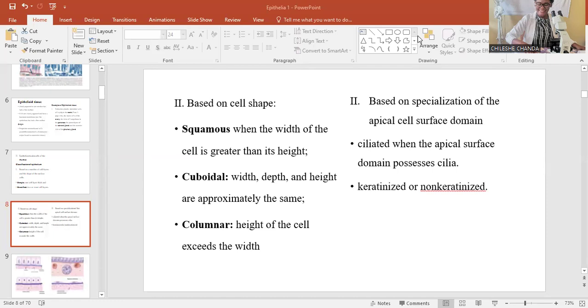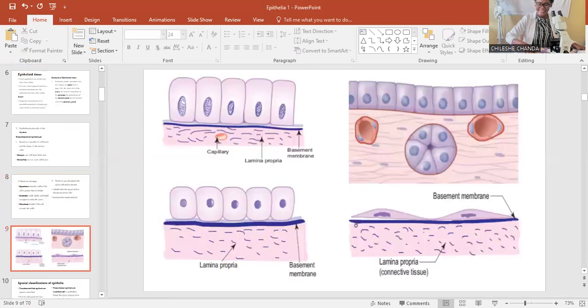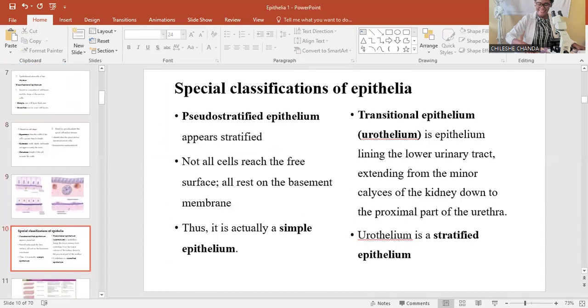So I was saying that we have looked at classification of epithelia according to, 1, cell shape, 2, the number of layers of the cells on this type of epithelium, and 3, surface modifications of these epithelia. And so therefore we can safely say that we can clearly name the epithelia now.